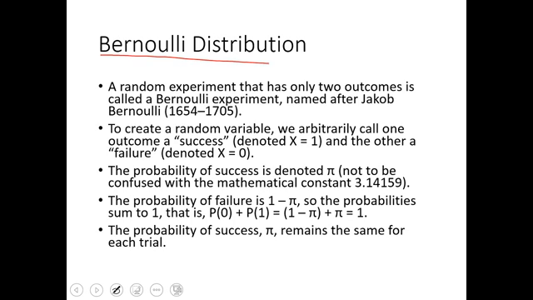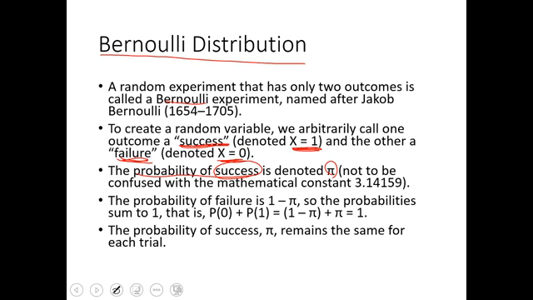Another very simple distribution is the Bernoulli distribution. Bernoulli is the name of a mathematician. Okay. The Bernoulli distribution has two outcomes: success and failure. If the outcome is success, then we denote that x is 1. If it is failure, then we denote that x is 0. The probability of success is denoted by pi.